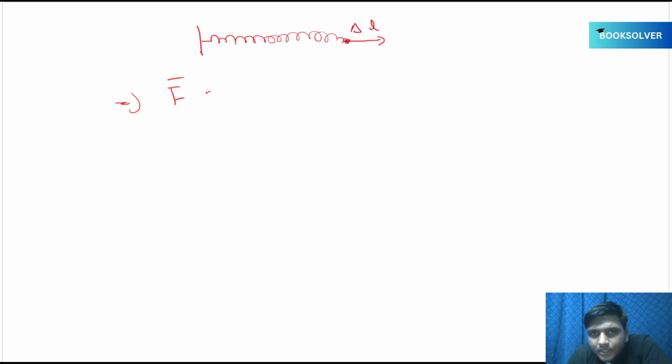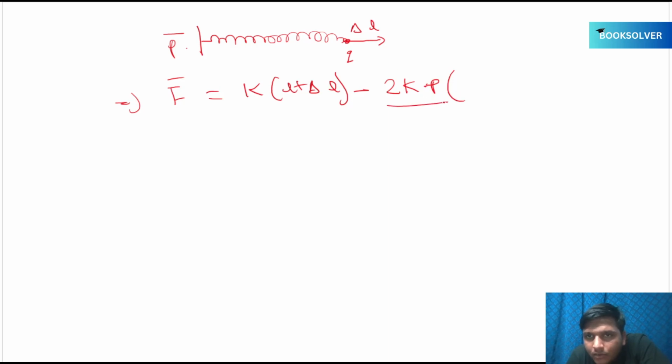The net force will be equal to the attraction force due to the spring, K times (L plus delta L), which is opposed by the repulsion between the dipole and the charge, equal to 2kpq divided by the net distance, which is (L plus delta L) cubed.